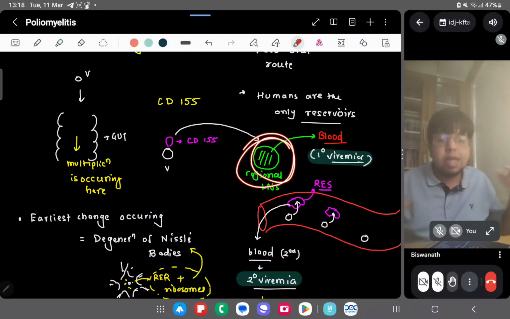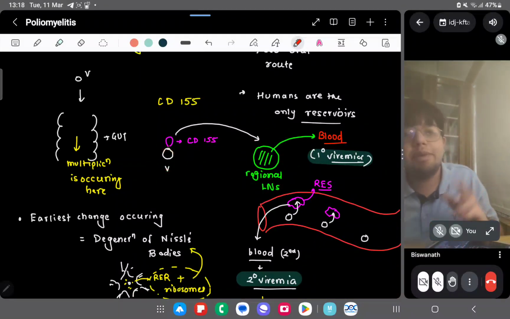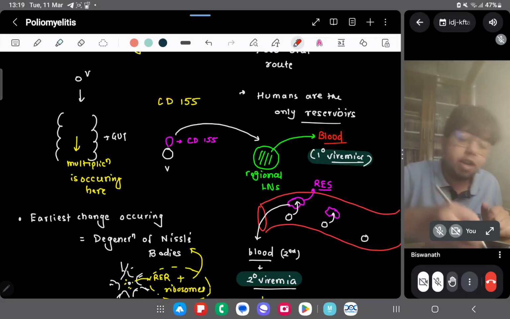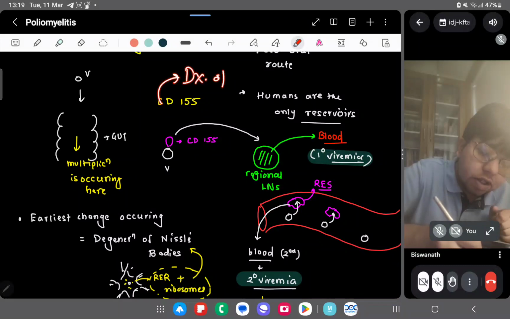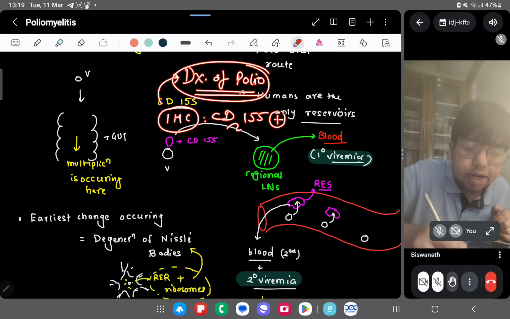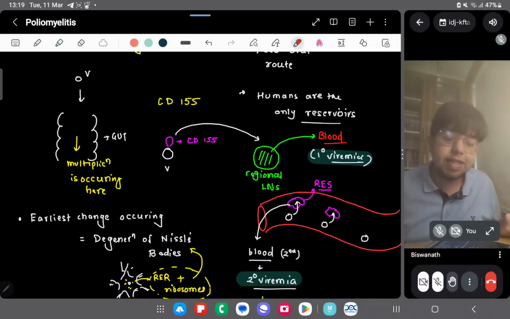The regional lymph node permits those polioviruses which express CD155. You can use this in the diagnosis of polio, even with immunohistochemistry to detect CD155. But you have various other methods, so we don't use this generally.